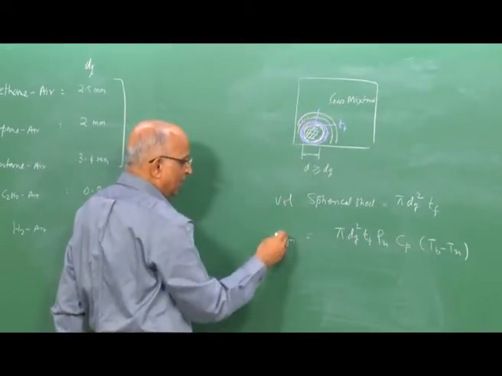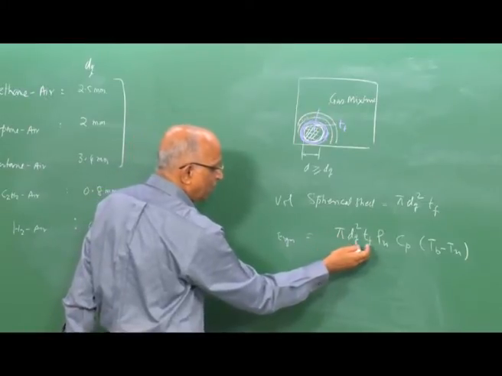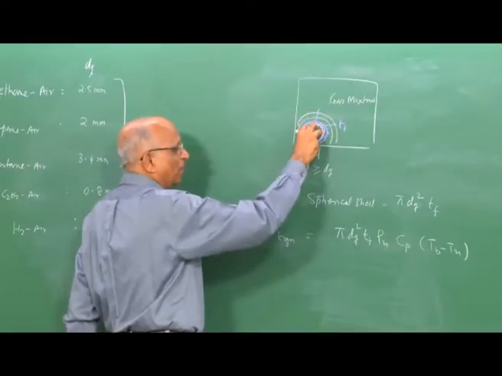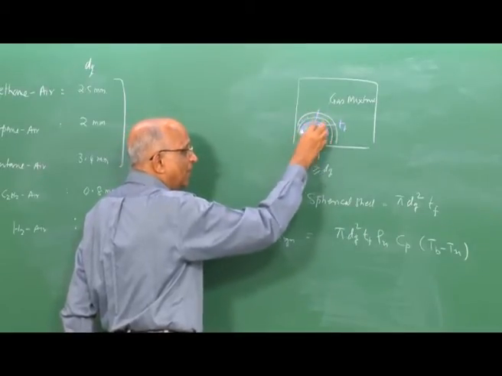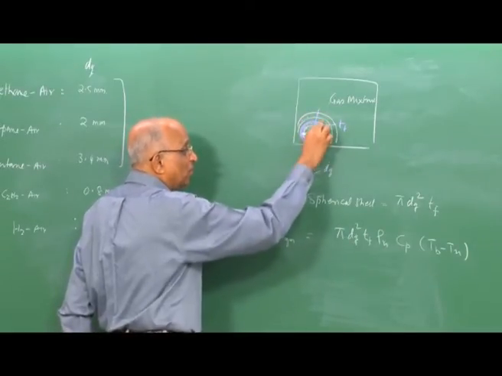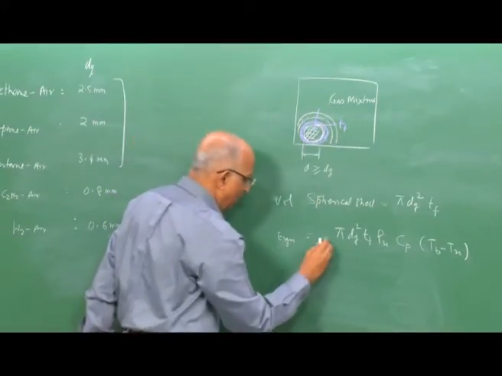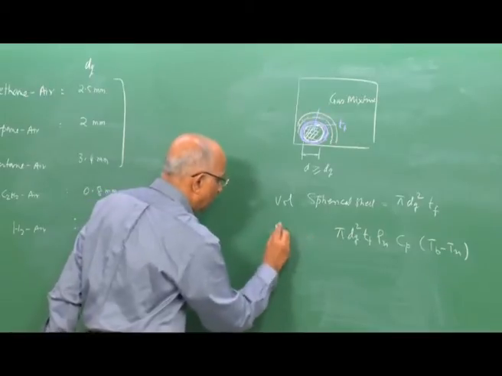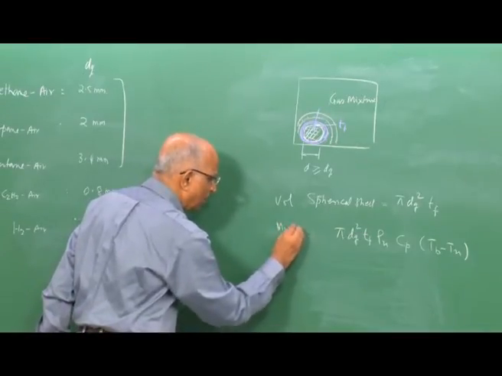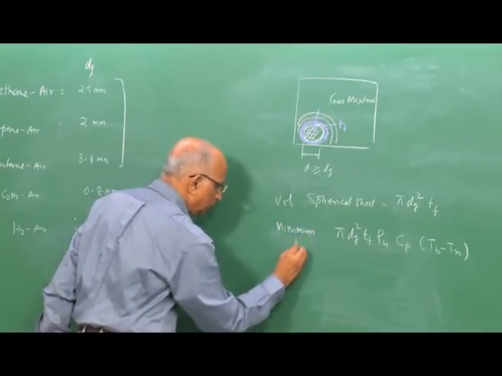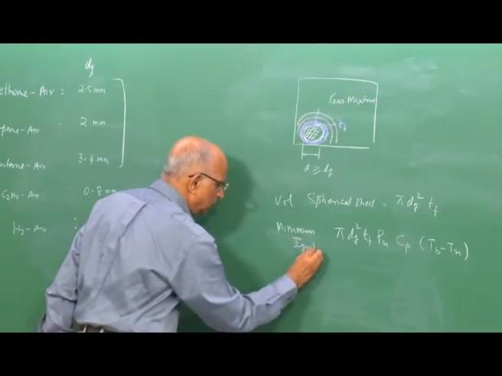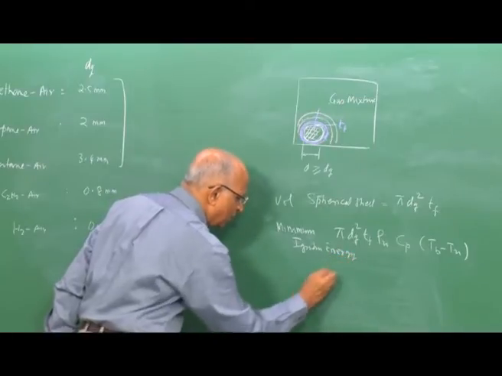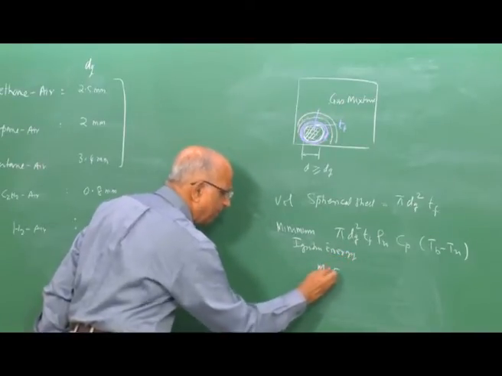Therefore, the energy required is the energy content within this kernel, and the energy content should be equal to pi d squared Tf into rho u. It is not the energy content within this which is important. The energy content must be able to ignite the gases whose thickness is Tf, and therefore we say the ignition energy is so much, and this we call the minimum ignition energy, or simply MIE.